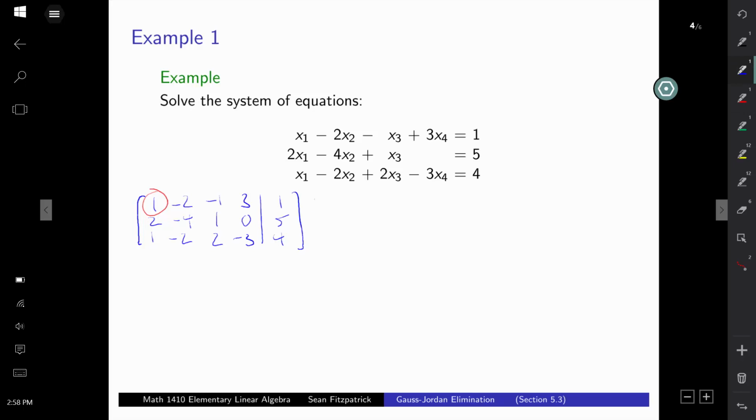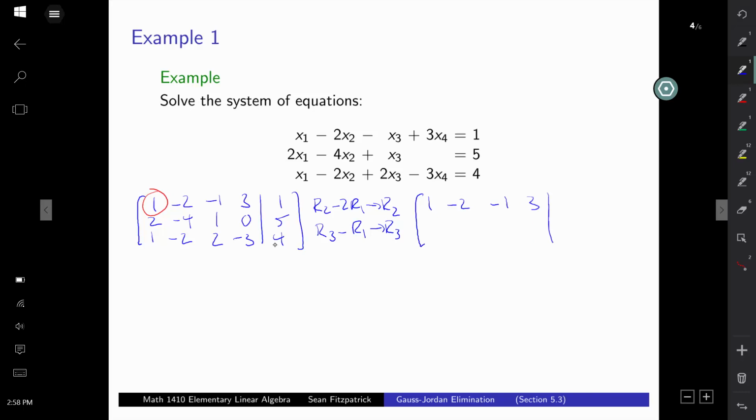We've got it right where we want it, so we keep it there, and we use it to create zeros below. So we do row 2 minus 2 row 1. That's going to be my new row 2. Row 3 minus row 1, if I make that my new row 3, that's going to get rid of the 1. Oops, got ahead of myself there.